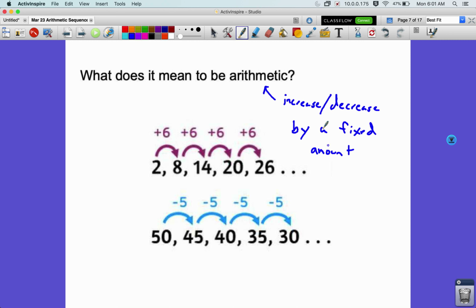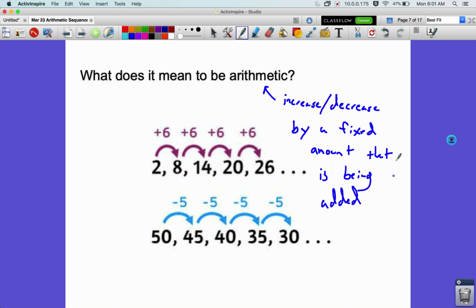So it's a fixed amount that is being added. And we could say here the -5 is being added, and that's why it's going down. So if you add a -5, it's the same as subtracting 5.